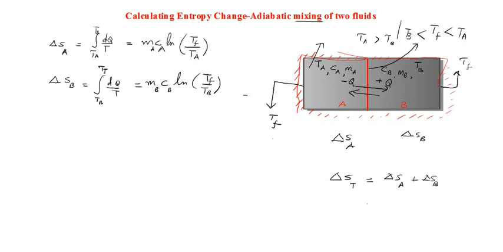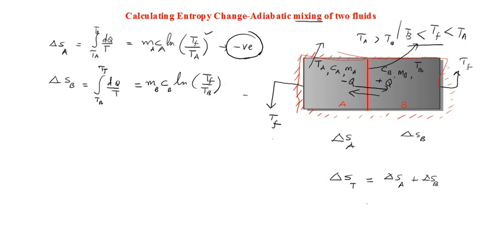Since TF is less than TA, log of TF by TA will be negative, so this is a negative quantity. And here TF is greater than TB, so you will get this one as positive.